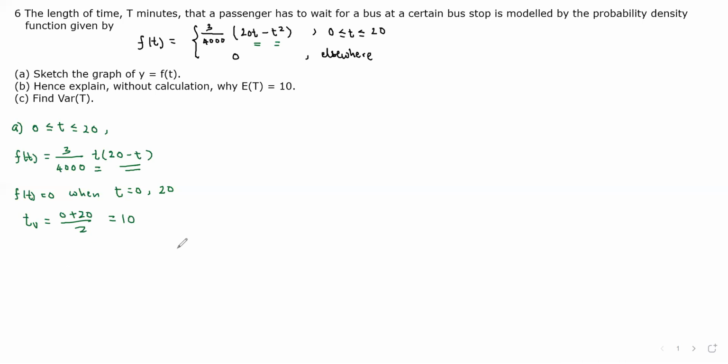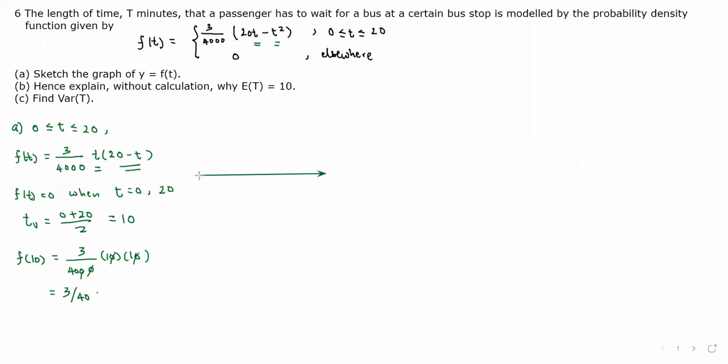And we need to find the y coordinate when t is 10. So we compute f of 10, here 3 over 4,000. We just use the factored form. That is a 10, and 20 minus 10 is a 10. So we can cancel this, and we get 3 over 40.